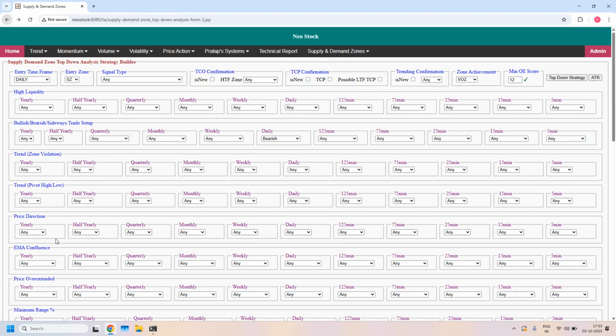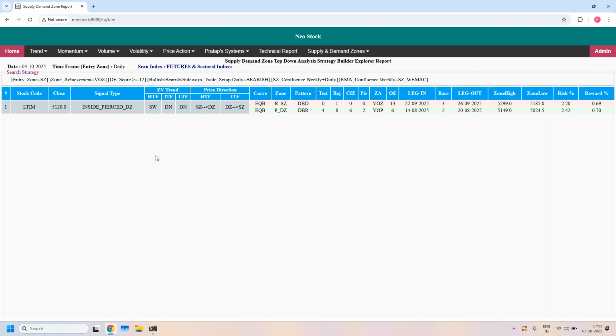So we can further filter based on whether the weekly supply zone has weekly EMA confluence or not. By applying the filter, we got the stock. That means this daily supply zone might have a higher probability of success, provided lesson 20 checklist items are satisfied. Otherwise, higher chances of zone violation.